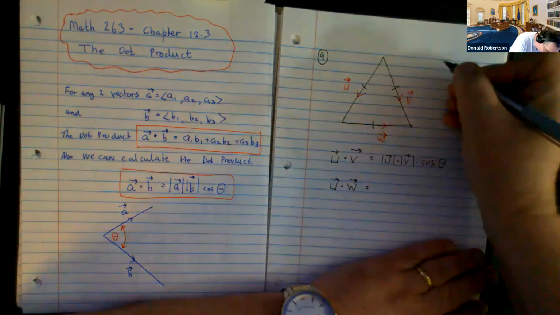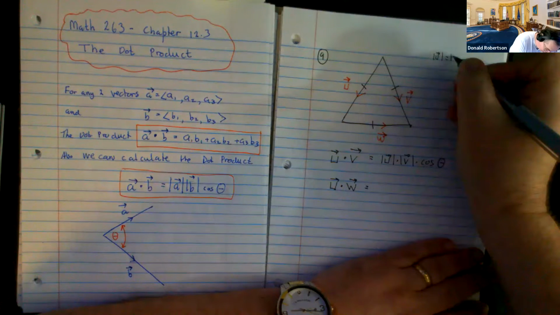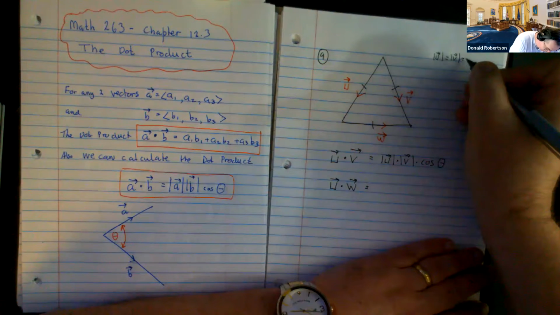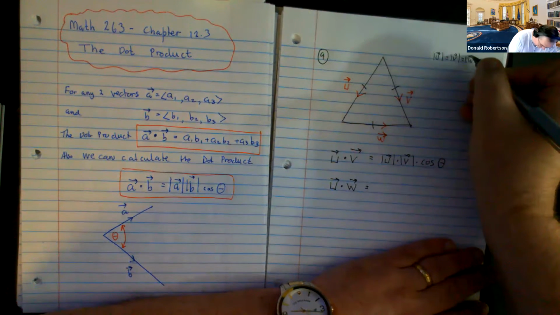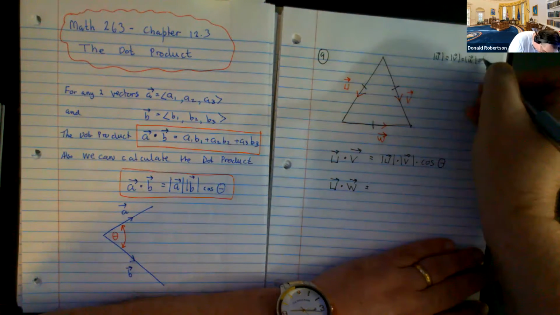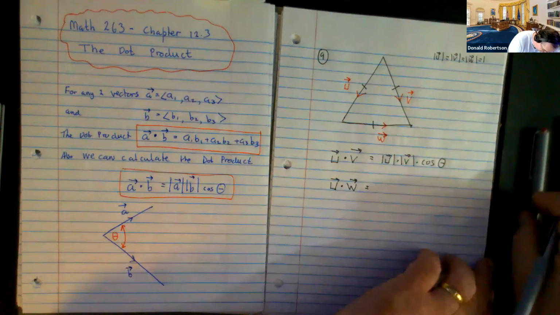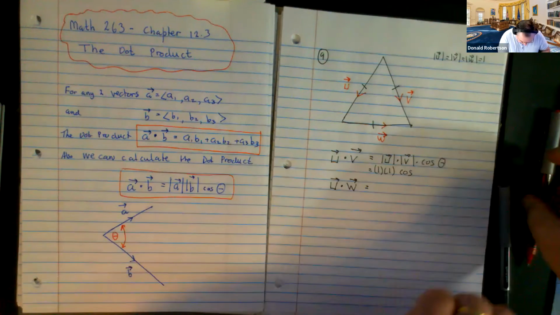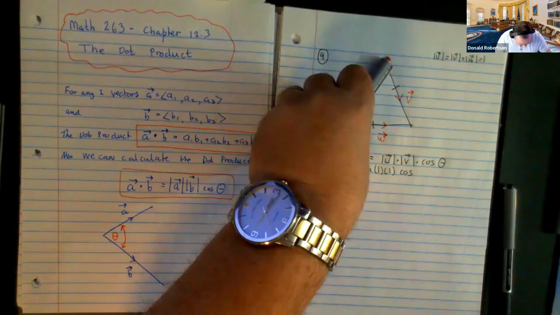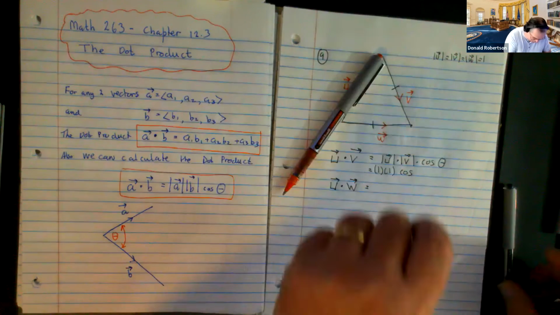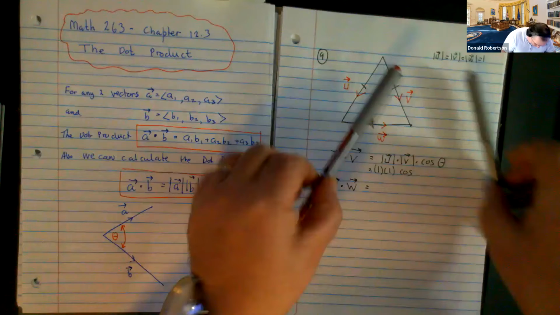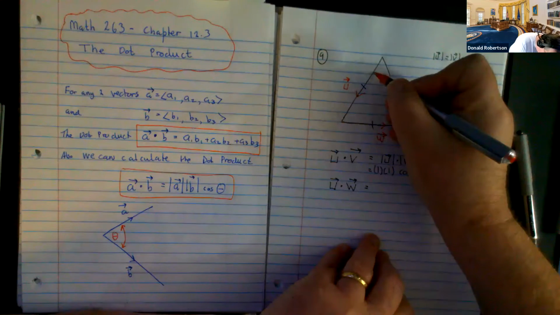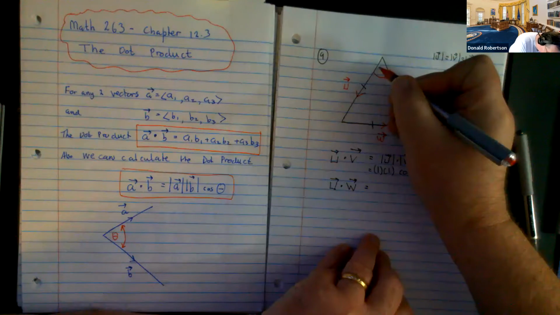So when you are told something is a unit vector, you're being told that its length is 1. So in this question, it's going to be 1 times the cosine of the angle between the two vectors. Now, this one here is u, and this one here is v. So in this case, the angle between those two vectors is that angle there.